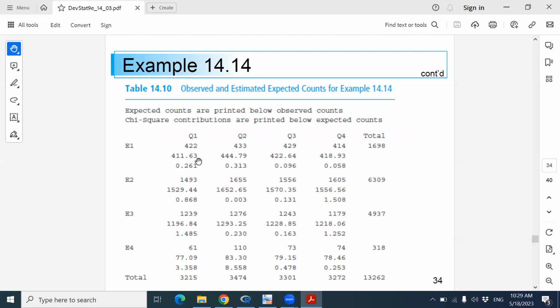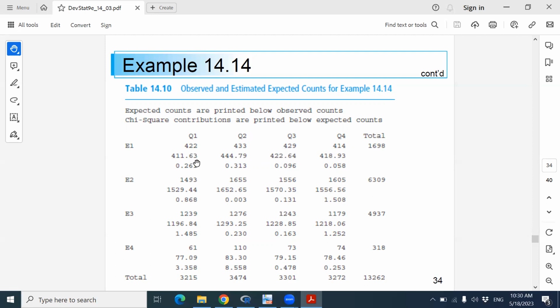When we consider the contribution of this cell to the test statistic, we take the difference between the two numbers, 422 minus 411.63, and then we square it. Afterward, we divide it by 411.63. This gives us the value of 0.261. And similarly, we can compute it for the second column in the first row, and then the third column in the first row, and so on.